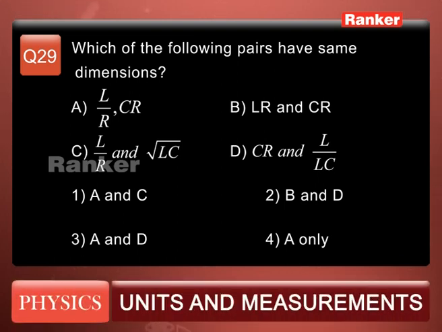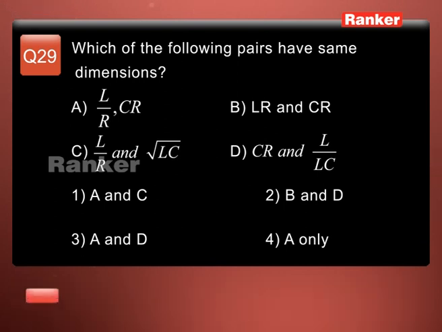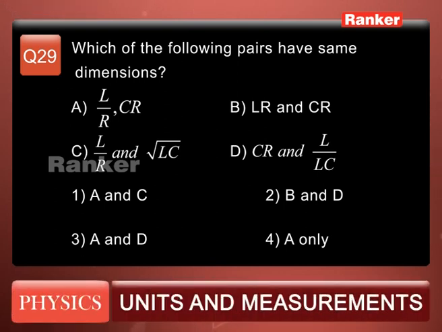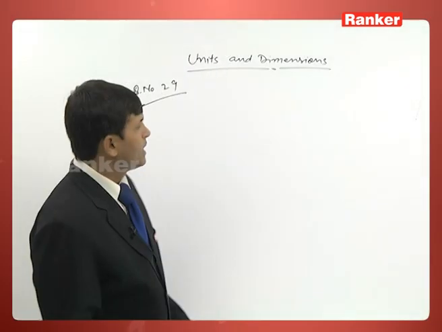C option given L by R and root LC. D option given CR and L by LC. So first option is A and C, second option B and D, third option A and D, and fourth option A only. Now see the correct answer.